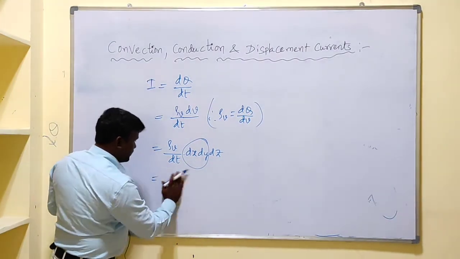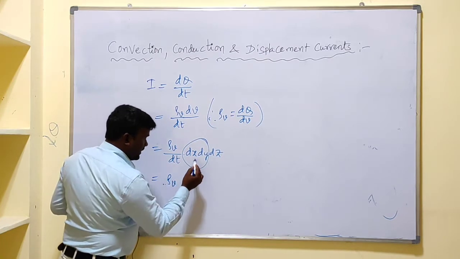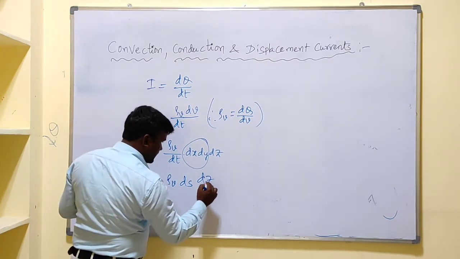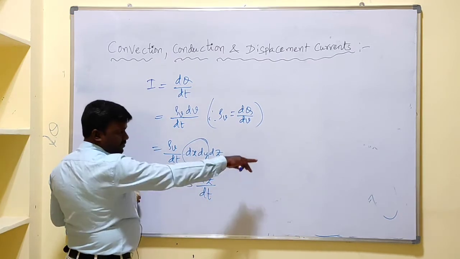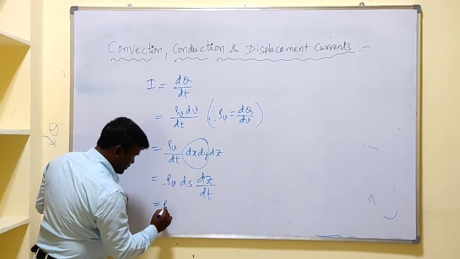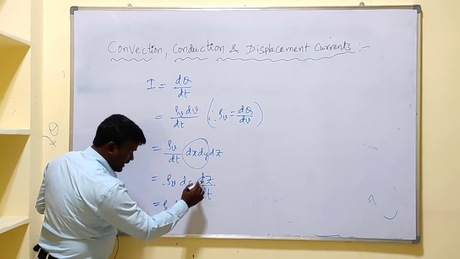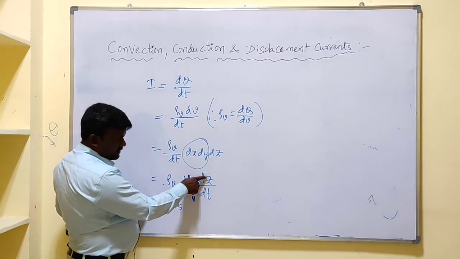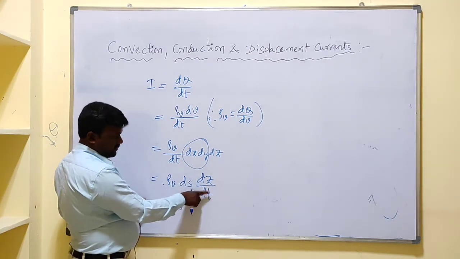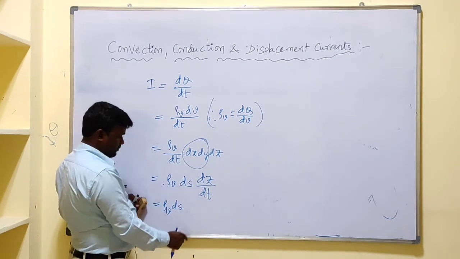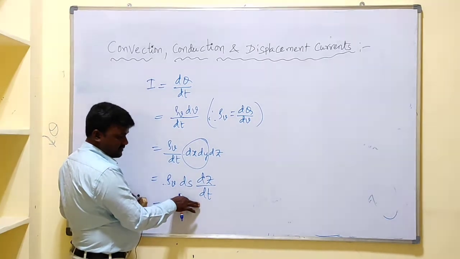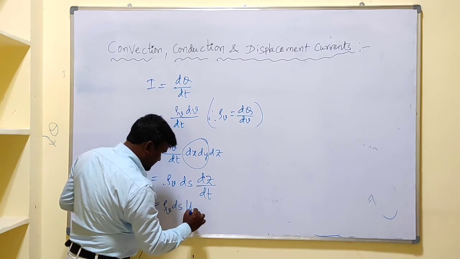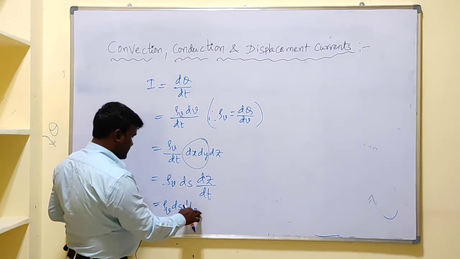Then dz by dt, the displacement of the charge with respect to time, is the velocity along the z direction, that is uz. So we get rho v ds uz.